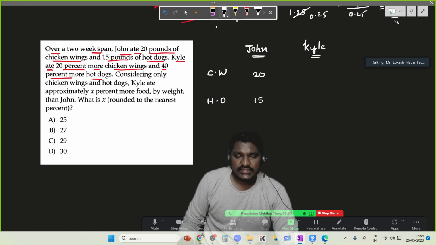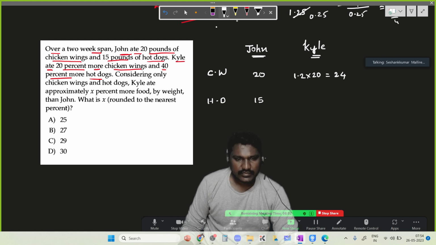If he is eating 20% more, what is the factor we need to multiply with to find the exact value? Exactly, 1.2. So 1.2 times 20 will be 24, because 12 times 2 is 24. And hot dogs, he is eating 40% more. So that means 1.4 times 15 will be 21, because 14 times 15 is 210, so it will be 21.